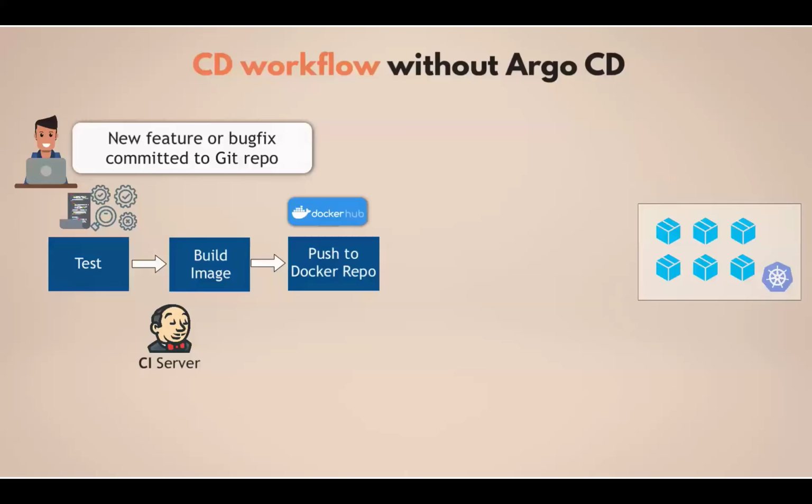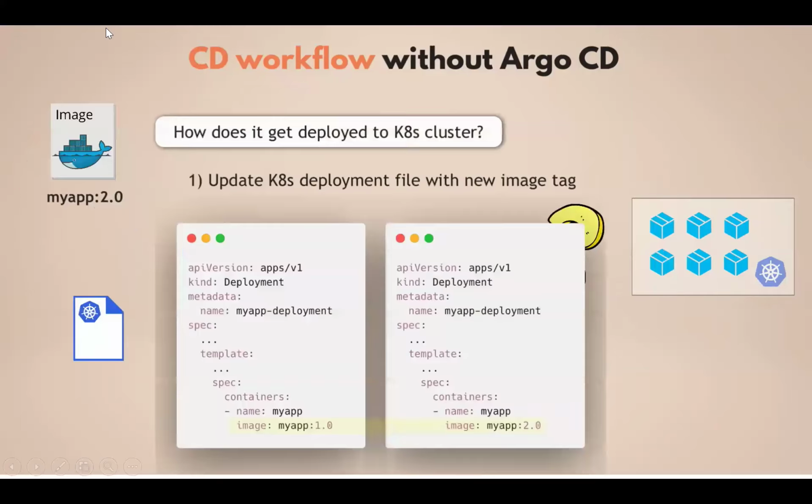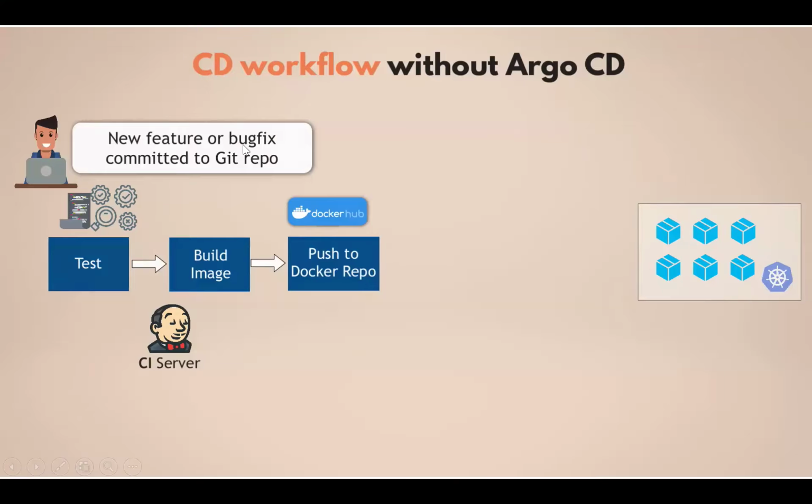This is what we actually do in a general CI/CD pipeline. Whenever any new feature or bug is reported to your Git repository, you put the fix in and push it to test. Once the test succeeds, the image is built with the help of the Jenkins server.